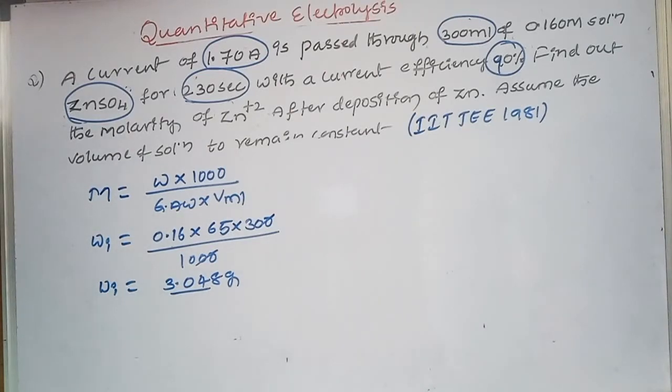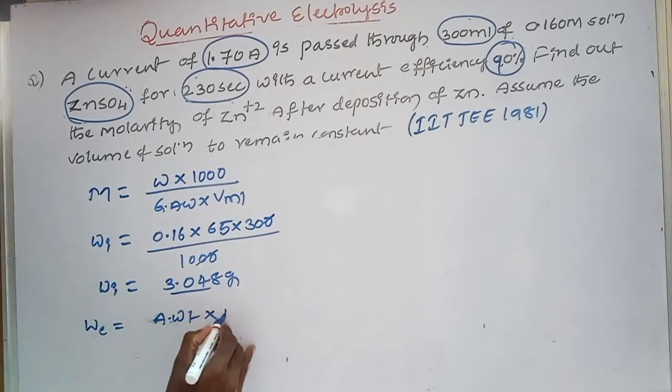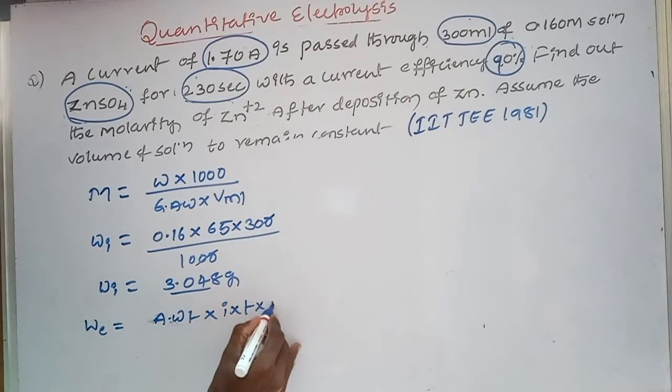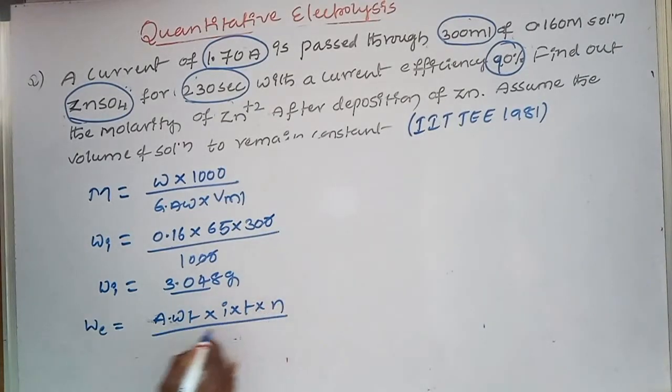Then how much weight of zinc was deposited on the electrode after passing electricity? What is the formula to calculate that? Weight equals gram atomic weight of zinc into I into T into current efficiency by 96,500 into n factor.